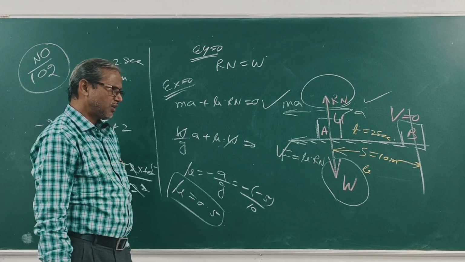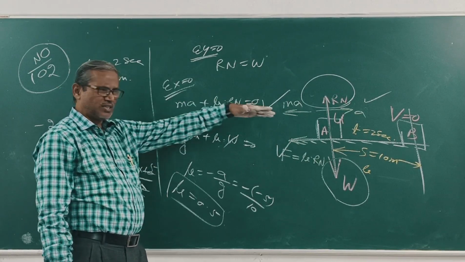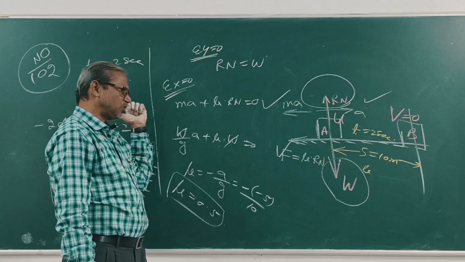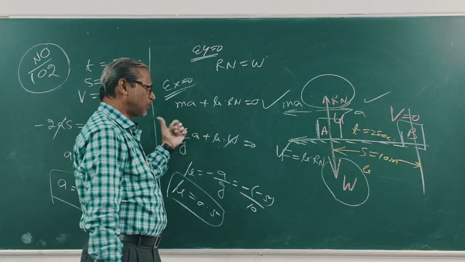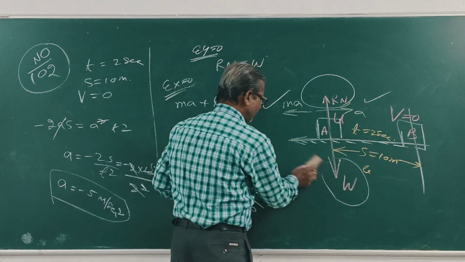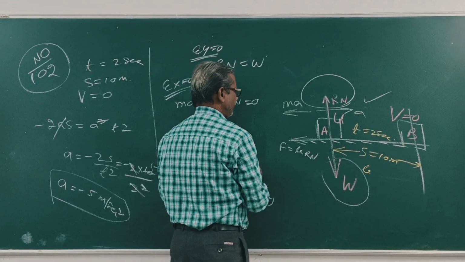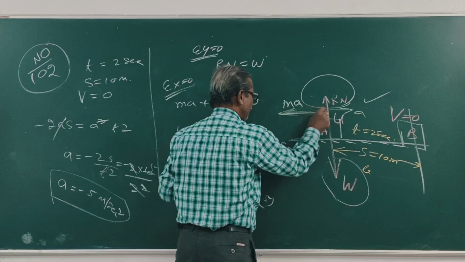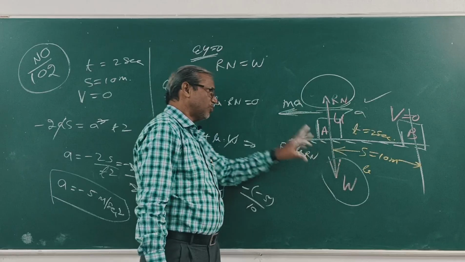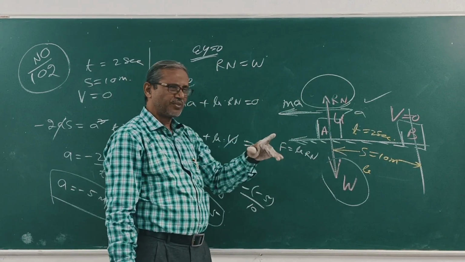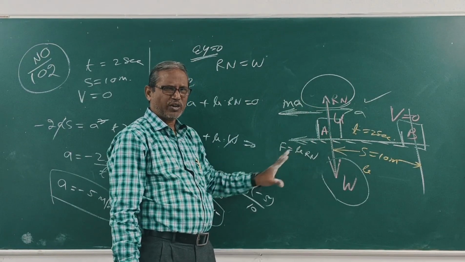Now, in this question, the body moved towards right, so acceleration is acting towards right. In the opposite direction, ma is acting. Again, body moves towards right side, so friction F, which is mu Rn, is acting towards left side. When equating sigma y, Rn is equal to W. Now along x, there is no force towards right side. a is not a force, so a cannot be added with ma or mu Rn. a is acceleration, a is not force.